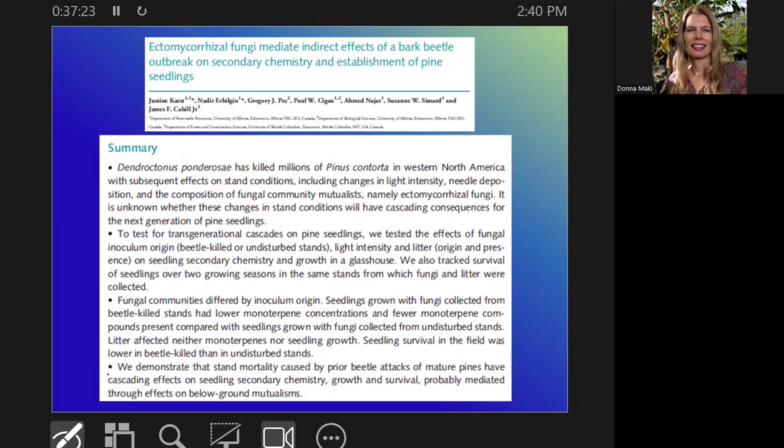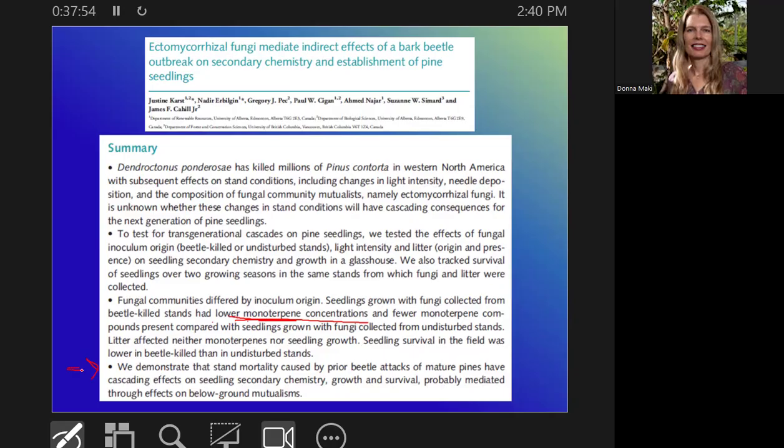And they were showing that there were lower monoterpene concentrations. Monoterpenes are terpenoids that get produced in response to attack, typically by insects. So it was kind of weird. They found lower terpene concentrations compared to seedlings that they grew from undisturbed stands, the control stands.